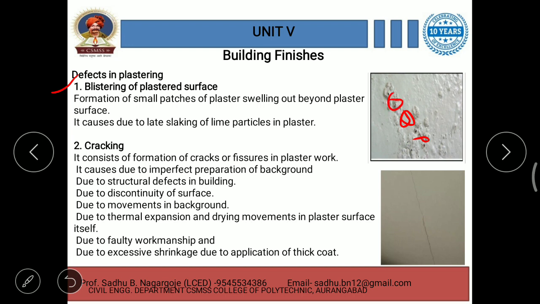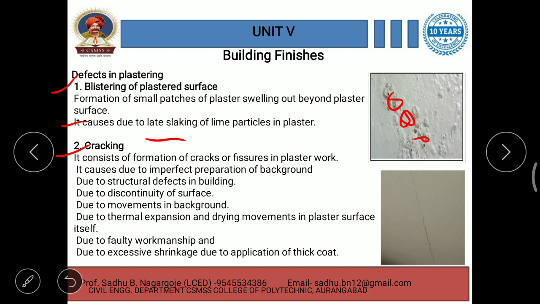These small patches of the plaster swelling out beyond the plaster, that is called the blistering effect. It is caused due to late slaking of lime particles in the plaster.